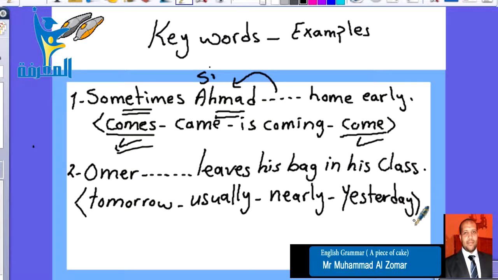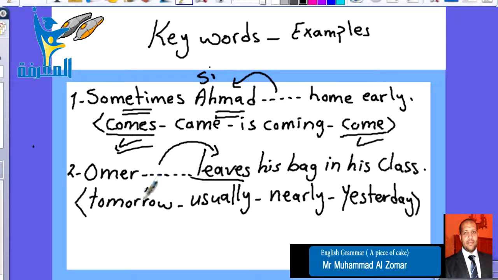If you are going to choose, let's look at the verb. Where is the verb? Of course, it is leaves. Leaves has an S at the end of it, so it's the present simple tense. The infinitive is leave, but this verb is in the present simple because it has an ending S. So we are going to choose a keyword that expresses the present simple tense.